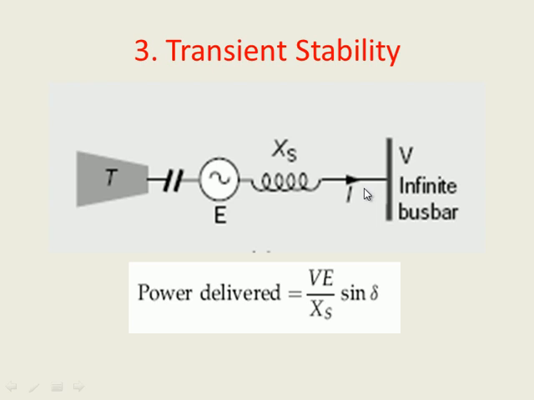Initially, for some time, the input to the turbine, suppose it is a hydro turbine, the flow of water is going to remain in the system. If there is a surge, this input remains constant for some time, as there is always some time delay for the controllers to initiate a corrective action.